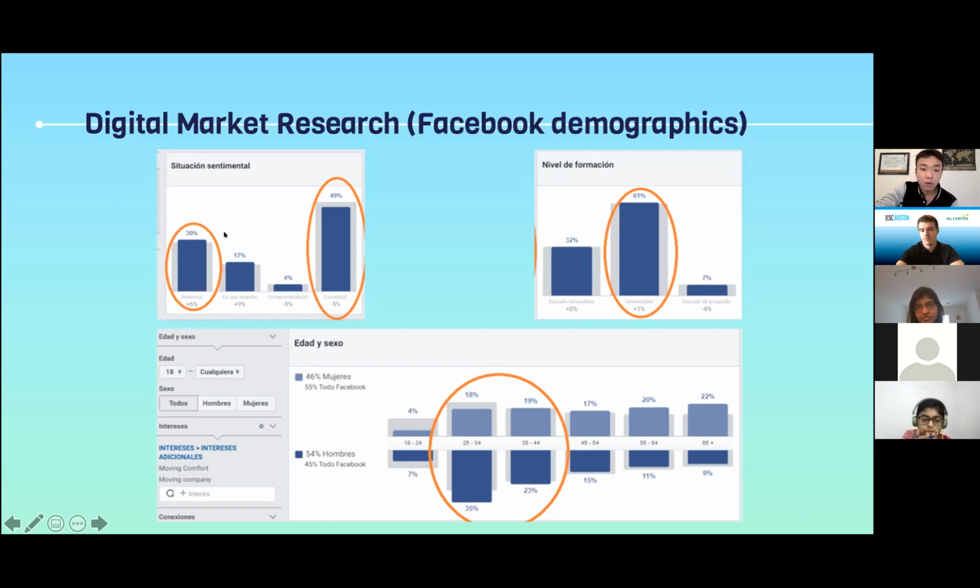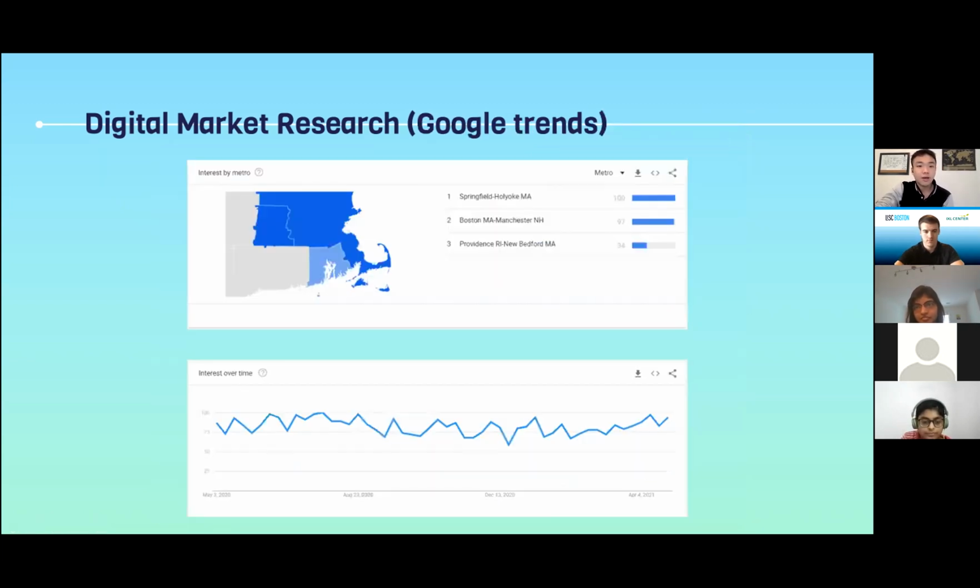What about whether they are married or not? So from all this data, 49% are married and 61% went to college. This is a trend that we found on Google. So the place of Springfield and Holyoke, I don't know if I'm pronouncing that one right, and Boston, Massachusetts are the ones who are looking for the most.